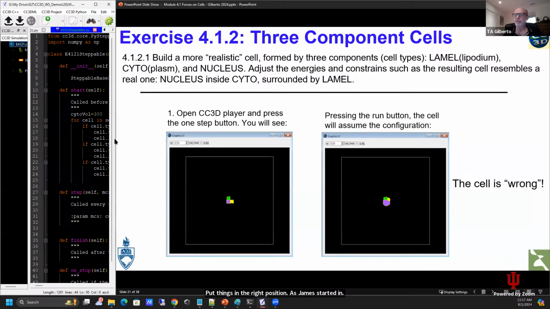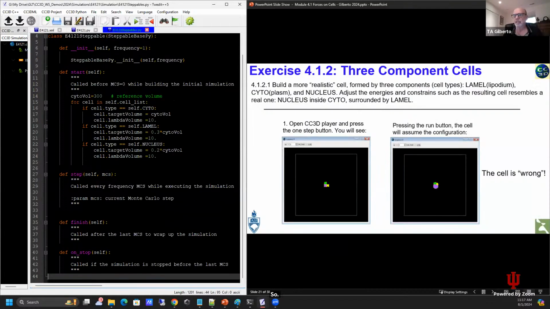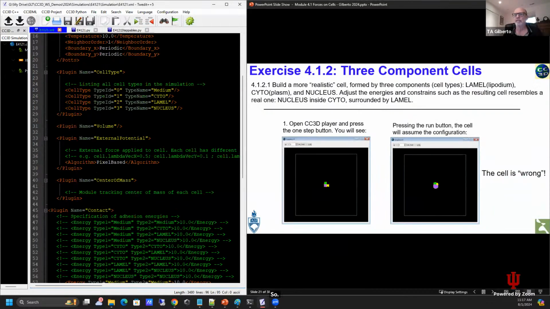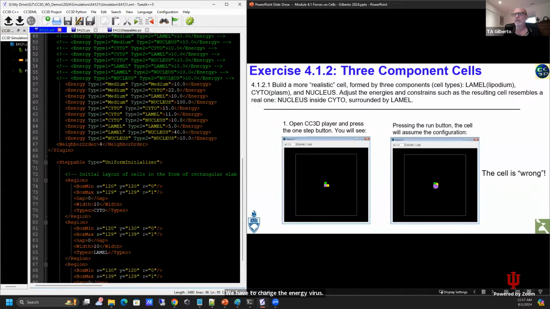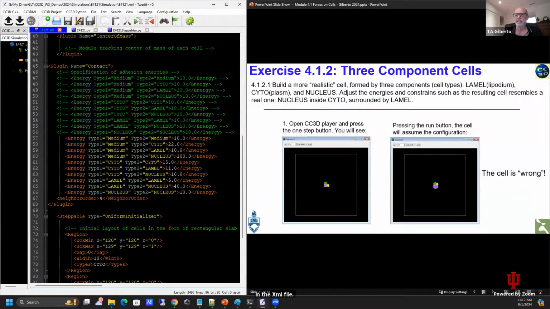So we have to change the energy values in the XML file. It's correct already. See, the green part of the code is commented, it's the values loaded by default.